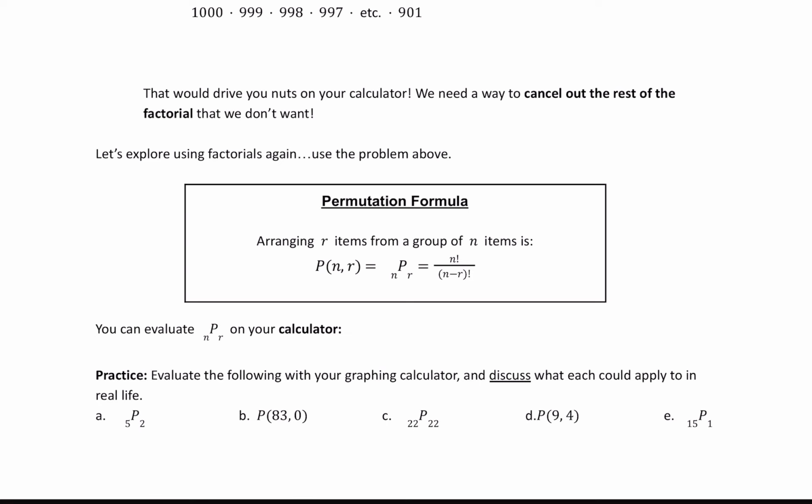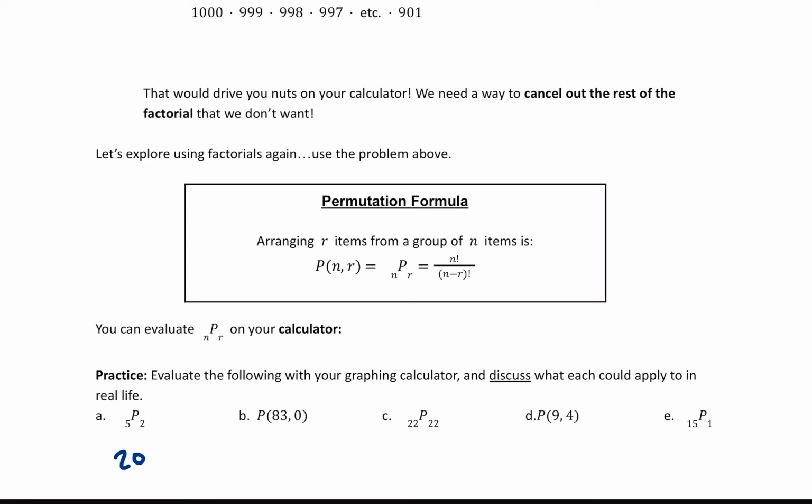If we have 5 things and we're trying to choose 2 of them where order matters, we're going to put a 5 in our calculator. Then we're going to push the PRB button again. And the permutation is the first one, so you can push 1 or you can just push enter. So it should say 5 nPr, and then you'll put a 2 in. And if you put that in correctly, you should get 20 as your answer. So 5 nPr 2 is 20.